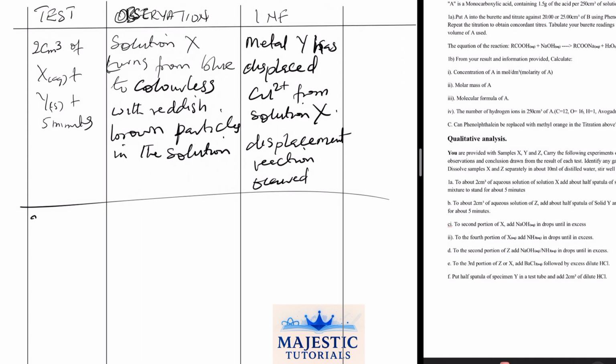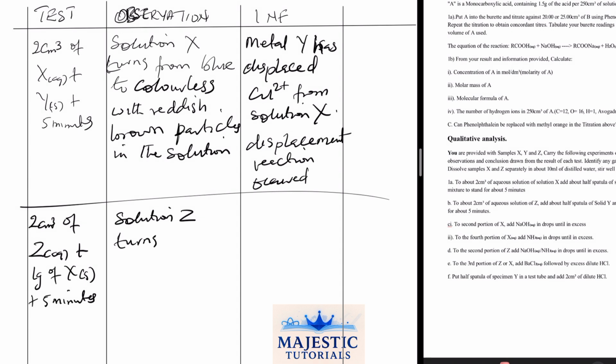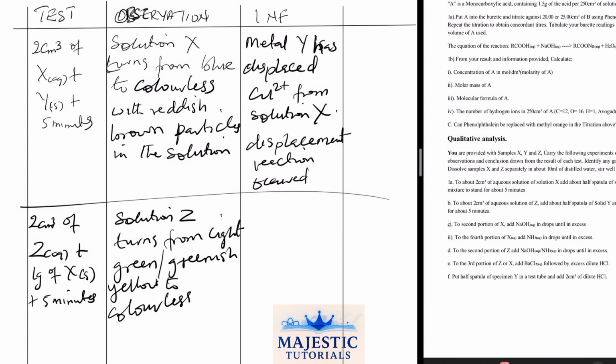So 2 cm cube of Z aqueous plus about 1 gram of Y solid plus 5 minutes. Solution Z turns from light green or greenish yellow to colorless.